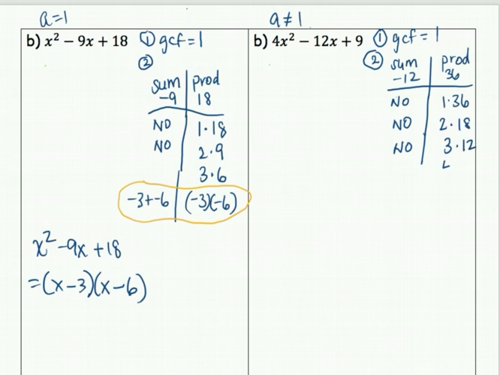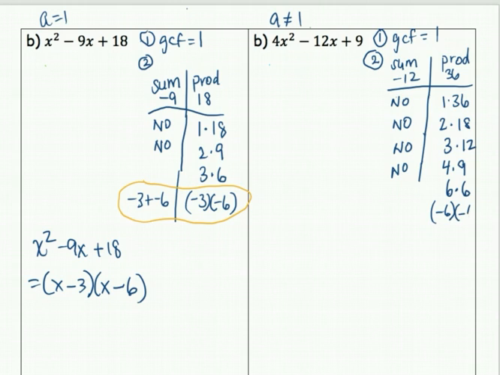All right, so what about 4? 4 times 9 works to make 36, but no, I can't make 12. So 5 doesn't work. 6? Oh, wait, yes. 6 times 6 makes 36. 6 plus 6 can be tweaked to make a 12. All right, we found our numbers. Now we just got to tweak the sign. So 6 times 6 does make 36, but it will not make negative 12. So what are the other possibilities?